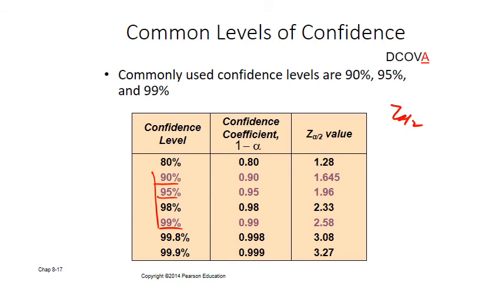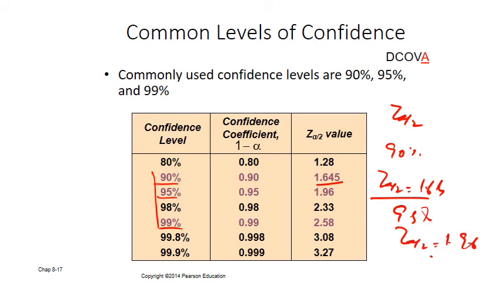I may ask it in the exam, but in exercises you can directly write: for 90% confidence interval, z alpha by 2 is 1.64, and for 95%, z alpha by 2 is 1.96. You can directly use it if you are not asked to calculate it.